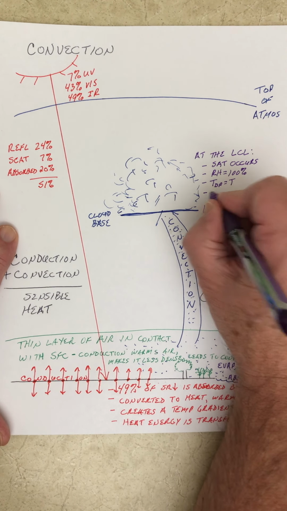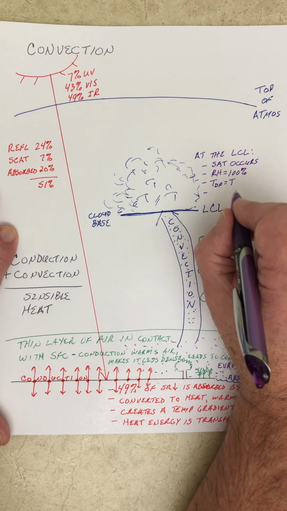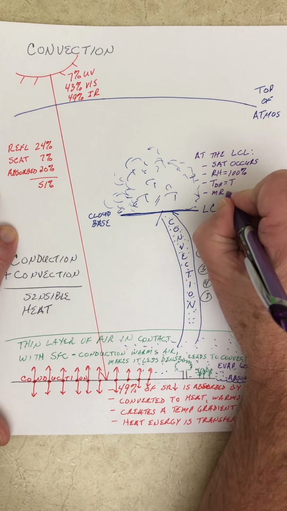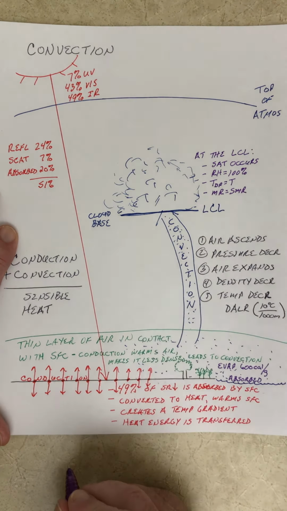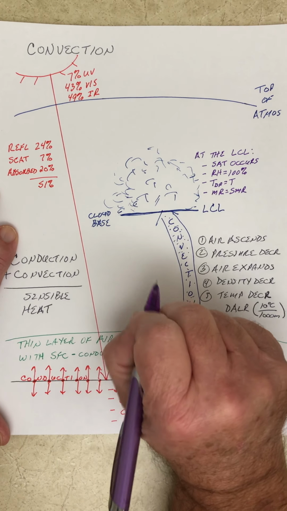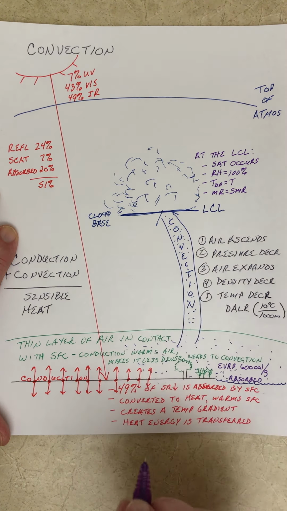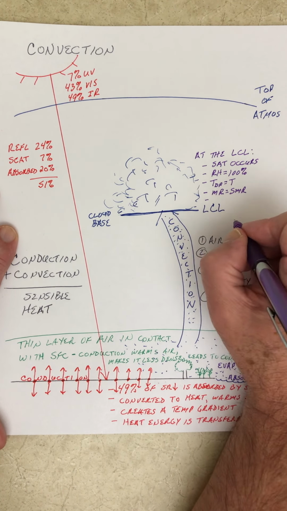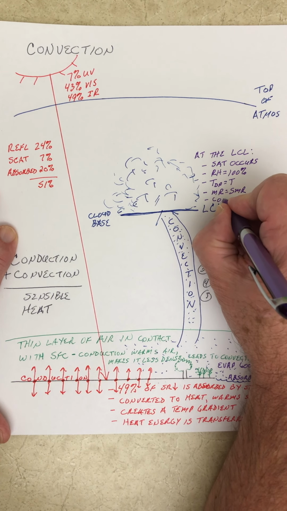And if the dew point temperature equals the temperature, that means that the mixing ratio equals the saturation mixing ratio, okay? That occurs when we reach 100% relative humidity, okay? At this point, when the mixing ratio and the saturation mixing ratio are equal, condensation occurs.